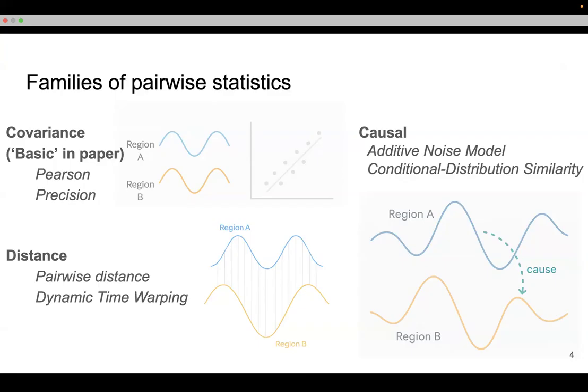Then there is the causal family. It's a group of methods that try to estimate the directed effects. For example, if some brain region is affecting another brain region, those methods should be able to pick it up from the data. There are many examples, and they can work quite differently.